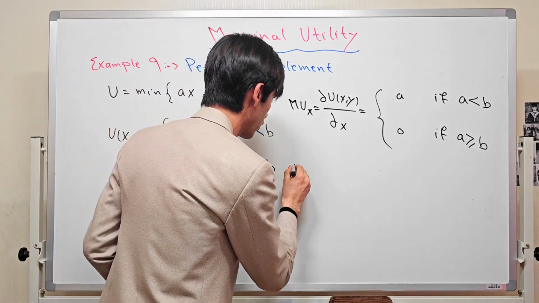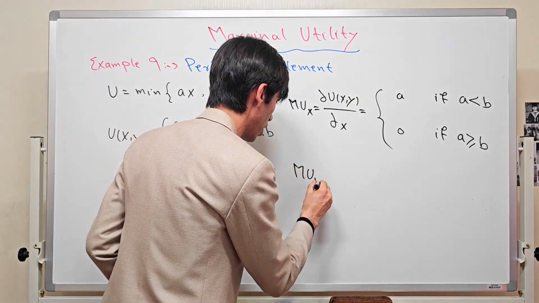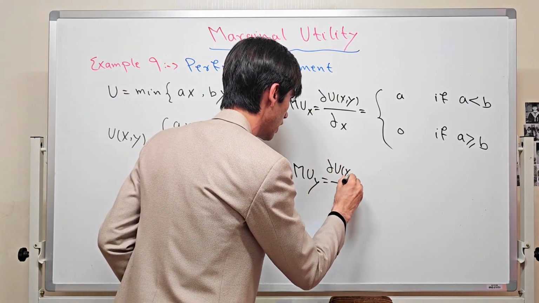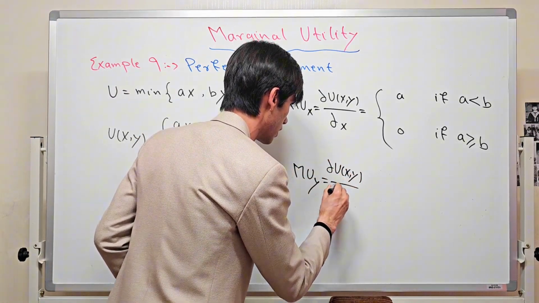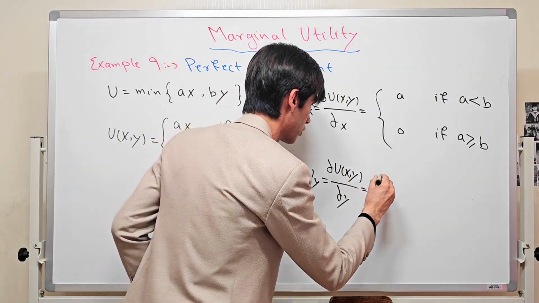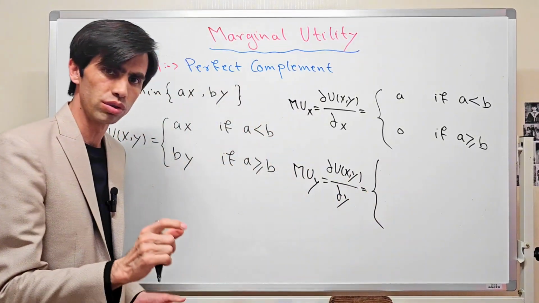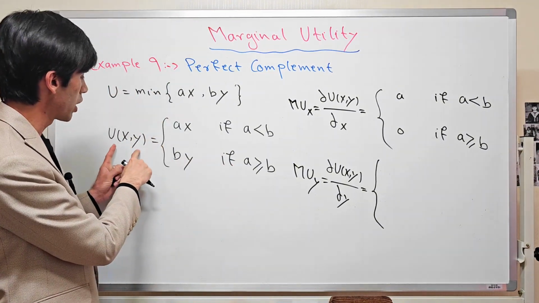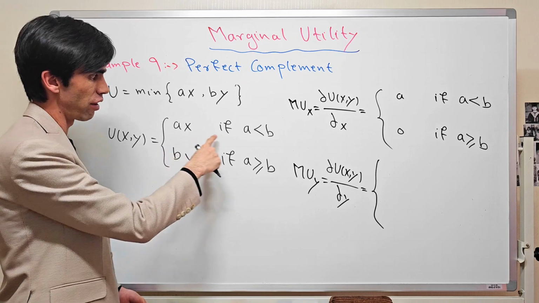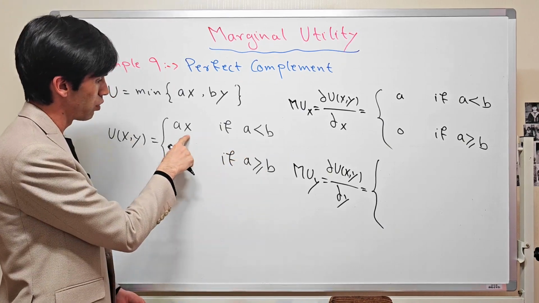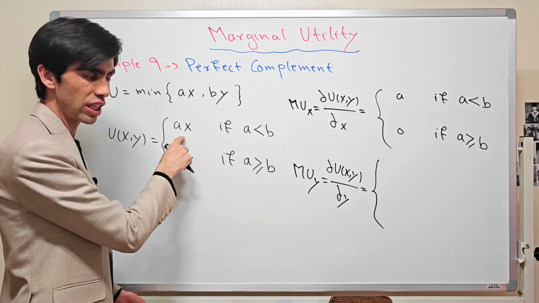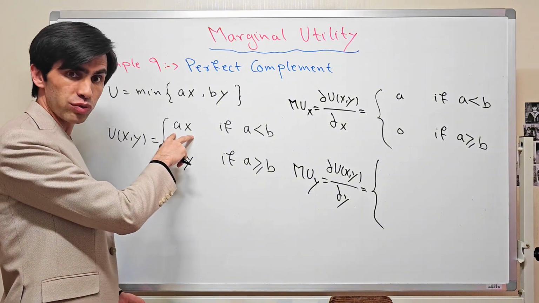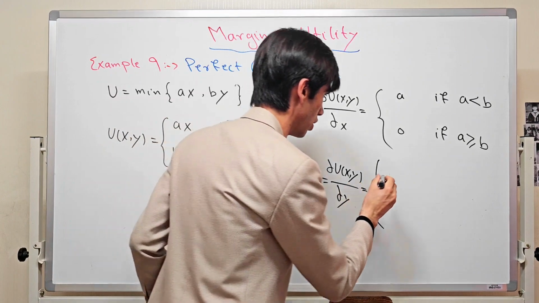So then, let's find out the marginal utility of y. The marginal utility of y is equal to the partial derivative of u(x, y) with respect to y. This time it will also have two formats. If a is less than b, we don't have y terms here, so if we take the partial derivative of this term with respect to y, it will change to 0.